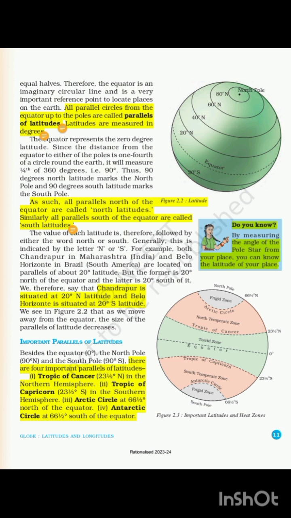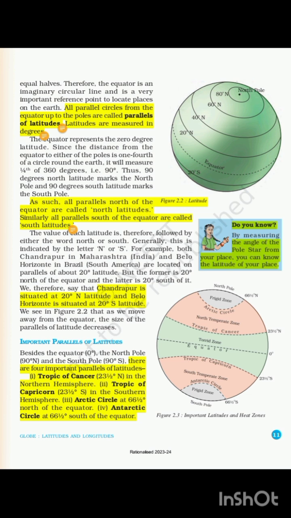And the longest latitude is the equator, that passes through the center of the earth and divides our earth into northern hemisphere and southern hemisphere equally, and it is 0 degrees. All the latitudes similarly are measured in degrees.